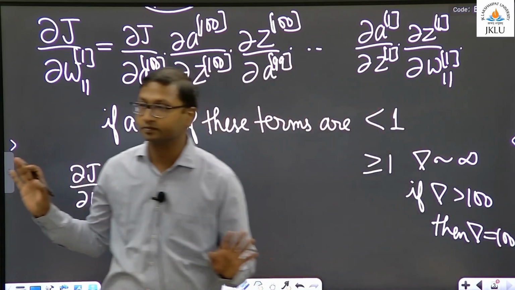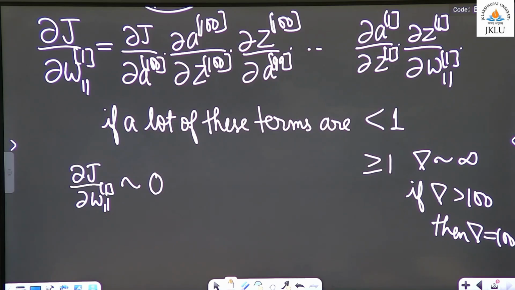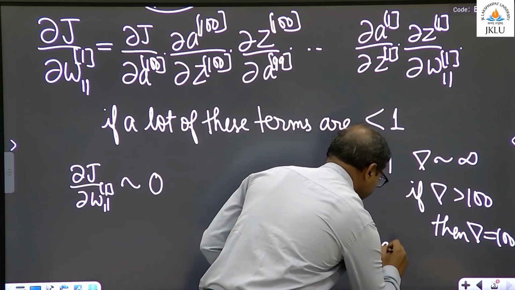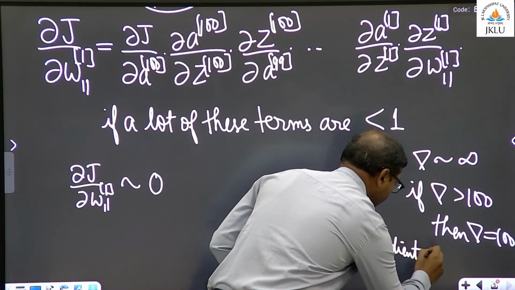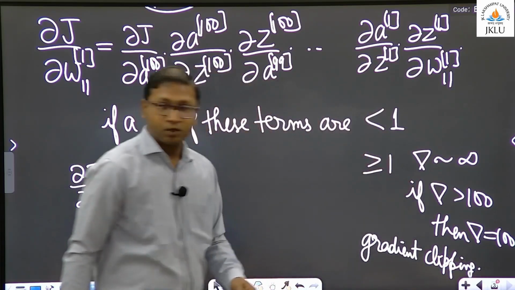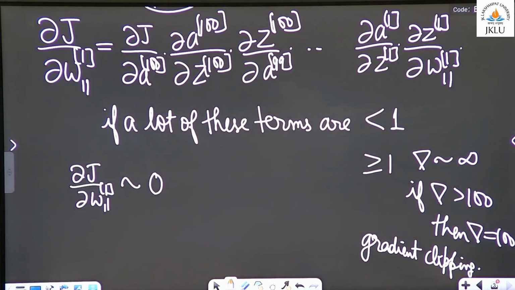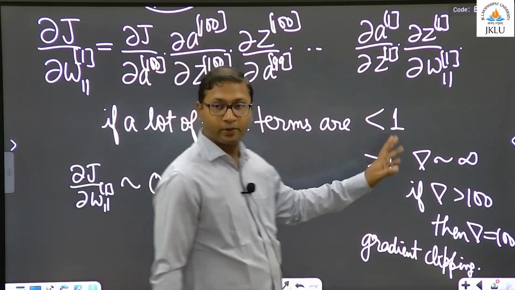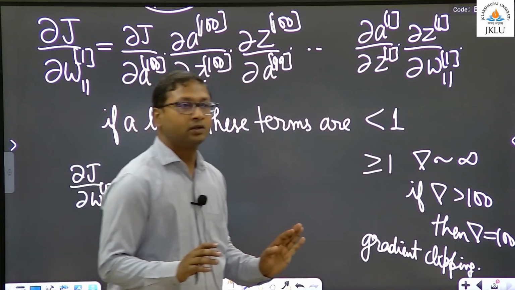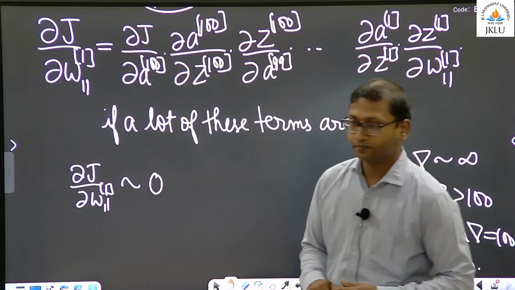That's it. If it exceeds a region that you think it should not go beyond, you just clip it there. This is called gradient clipping. In almost all cases where you suffer from exploding gradients, just do gradient clipping and it works like a charm. You don't really have problems with exploding gradients.